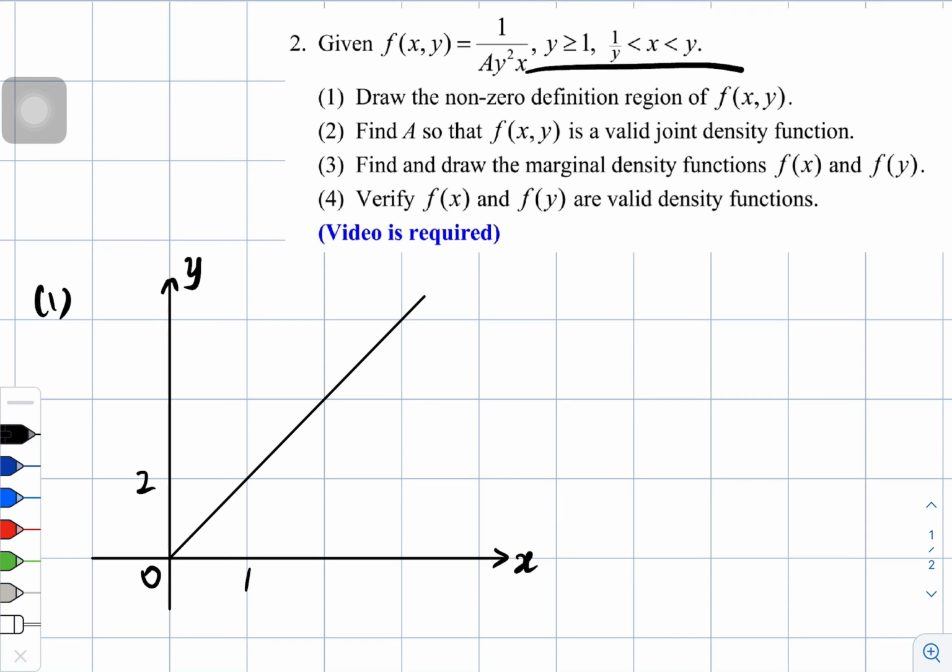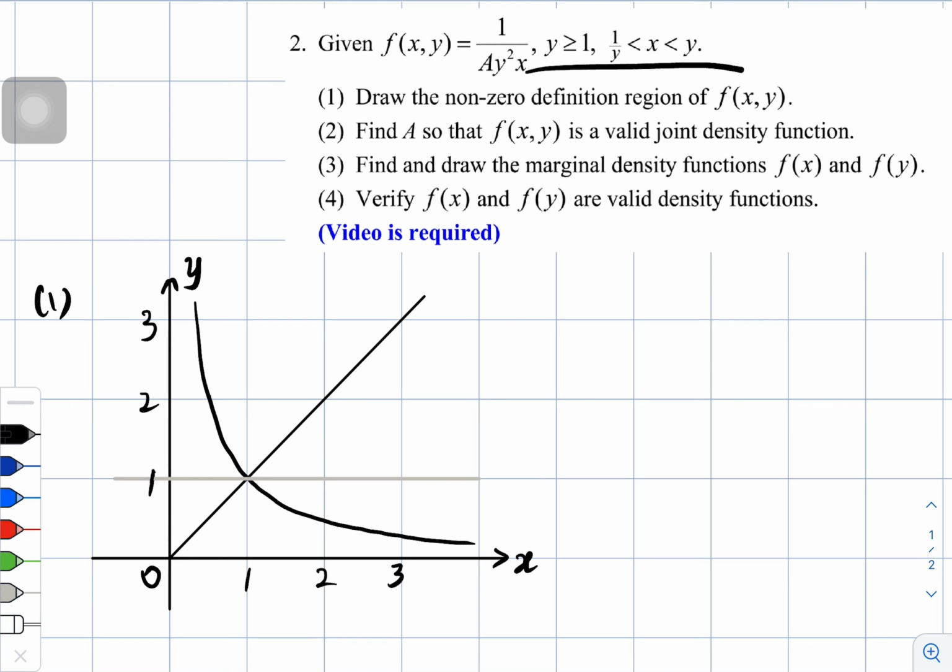If we define this as 1, it should be something like this. And y is larger than or equal to 1. We may simply draw something like this.